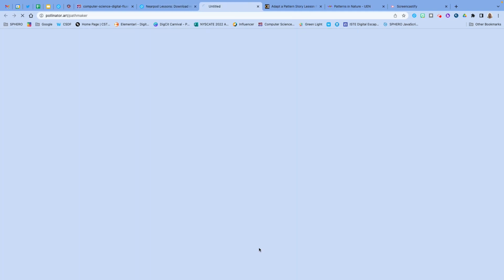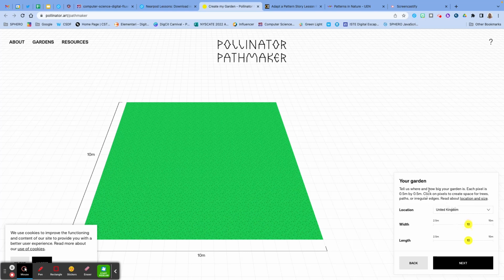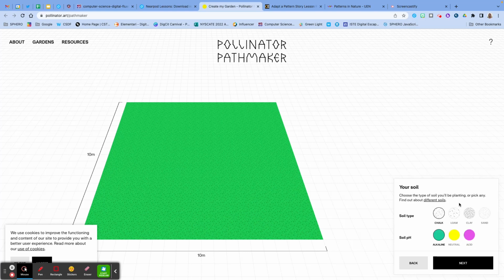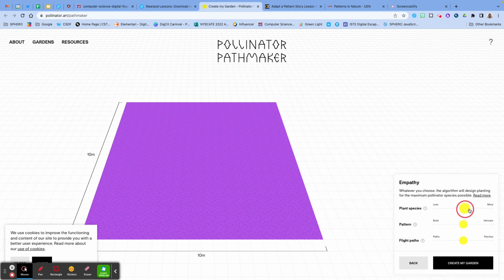This is a fun one you can do. It's a pollinator one where you can use different gardens, and what you'll do is choose your soil type, your soil pH. You can choose whether or not it's full sun, exposed, or sheltered, and then you're going to create either more species, less patterns.